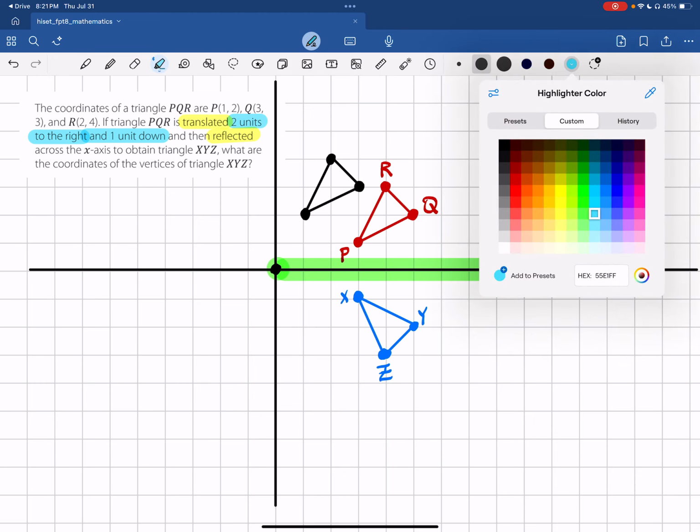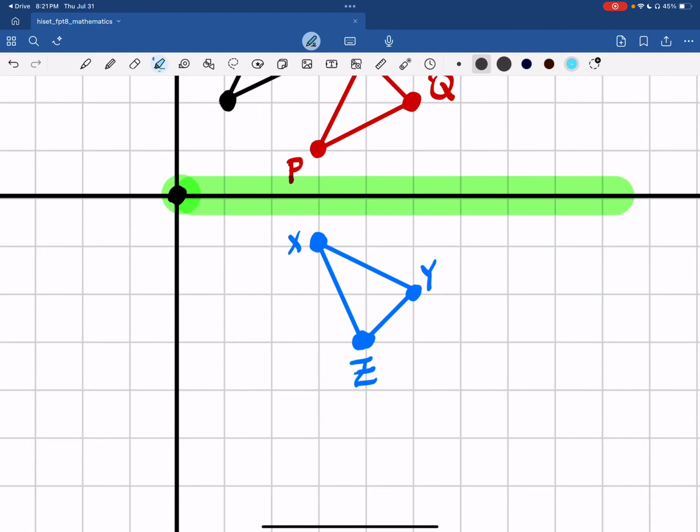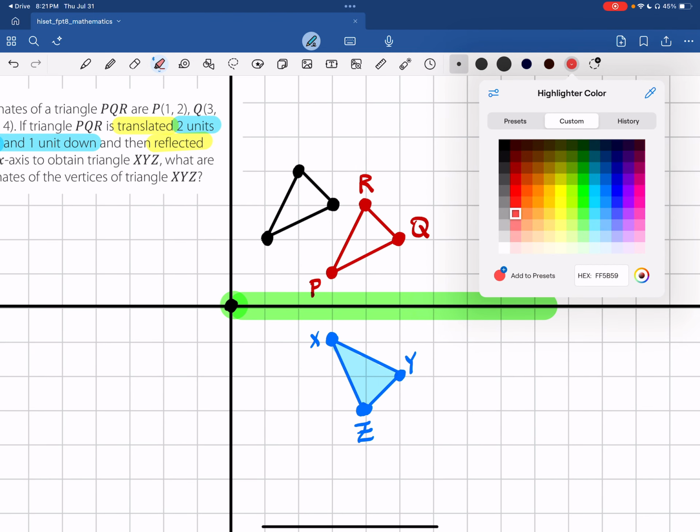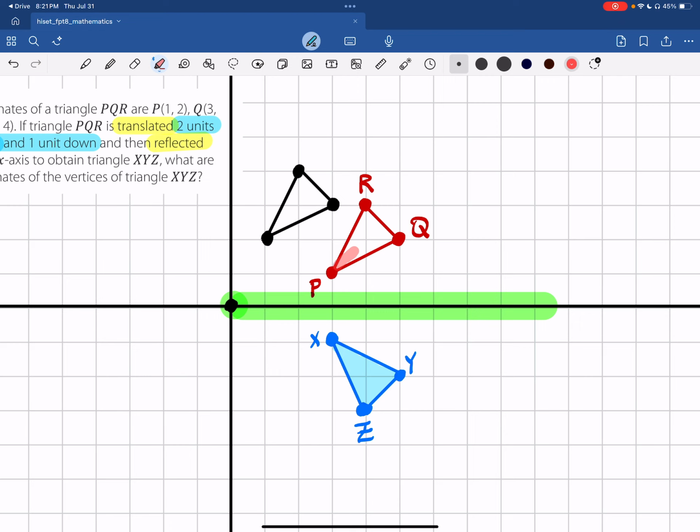This is a tough question. You really have to know what those terms mean to be able to do it. And to me, it makes so much more sense if I can see it. But for some people, that is not the case. So here is the blue triangle. That is a mirror image of the red triangle, if the mirror is the x-axis, the green line. That black triangle just got translated.